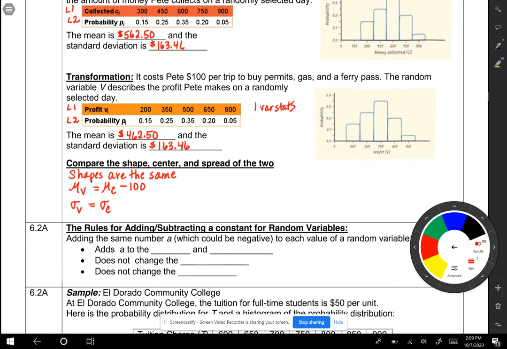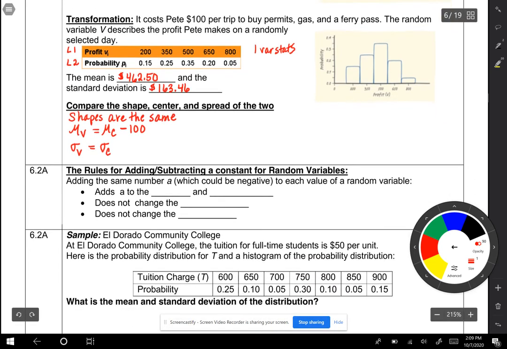The top distribution was 163.46, and the bottom one is 163.46. The main thing to realize is standard deviation is unaffected by adding or subtracting a constant, but the mean is affected by adding or subtracting a constant.